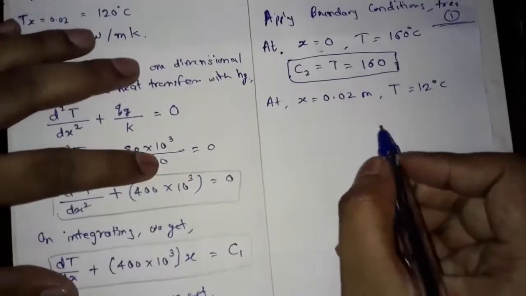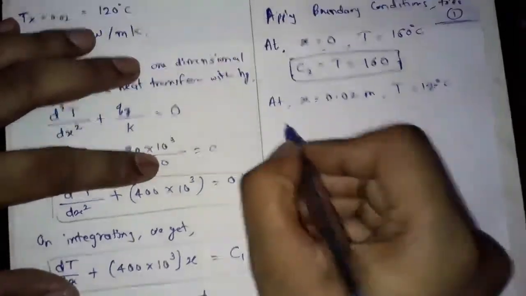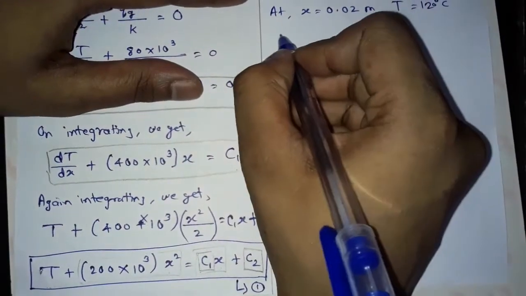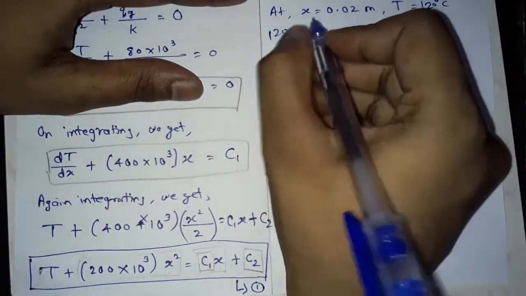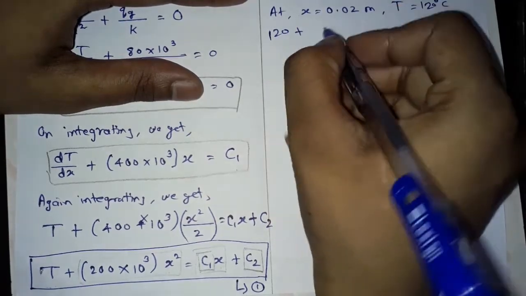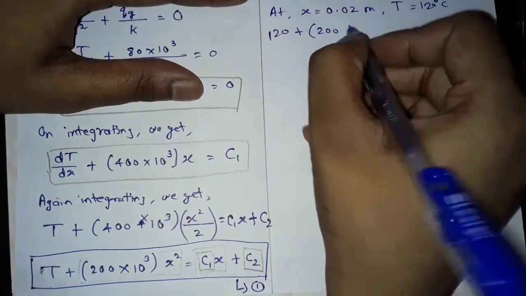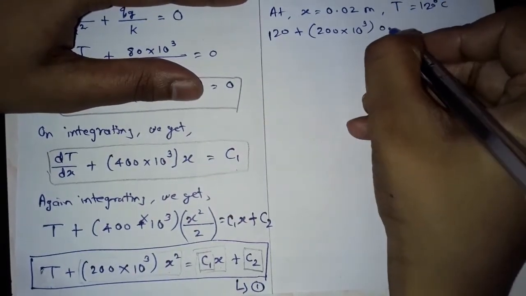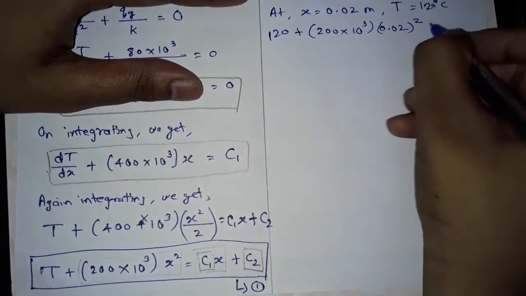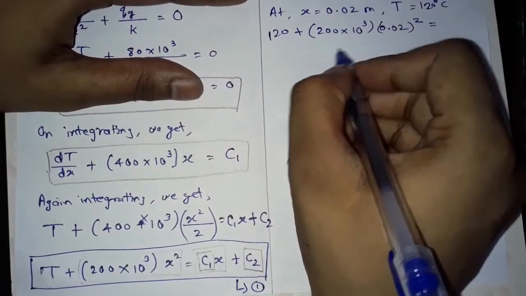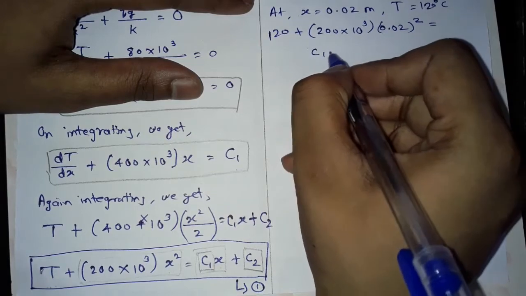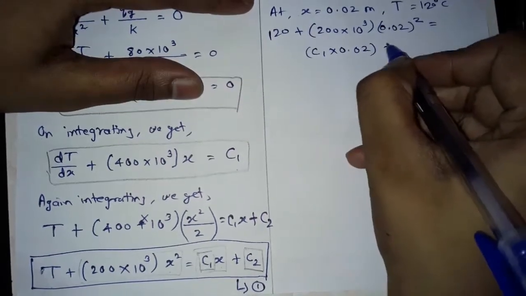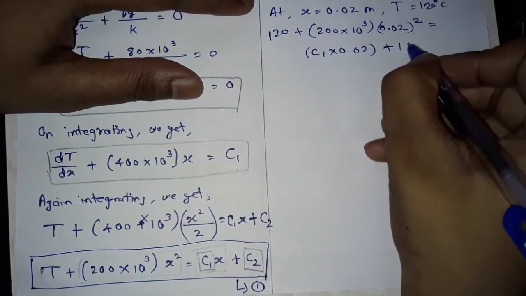So now let's put the values. Here we have T is equal to 120 degrees Celsius, plus (200 into 10 cube) x, where x is 0.02 meter square, which is equal to C1 into x, we have here 0.02, plus C2, we have 160.